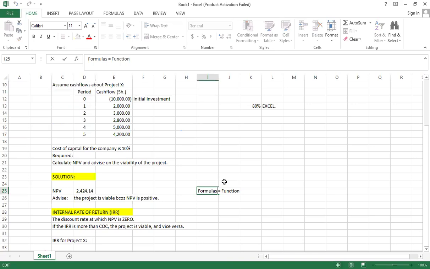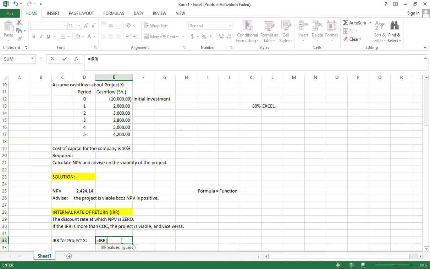We have a formula or a function for it. To compute it, begin with an equal sign. When working with a function, the starting point is always the equal sign. Then type what you want to compute. We want to compute the IRR, so you'll type IRR, then you'll have the open bracket.